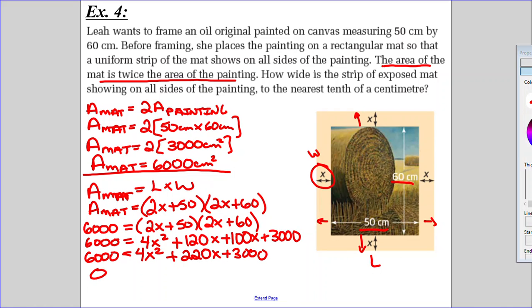Then if I move the 6,000 over to make this equal to 0, I would have 4x squared plus 220x minus 3,000, because it would be 3,000 minus 6,000. Now it looks like I've got a quadratic equation that I can solve.